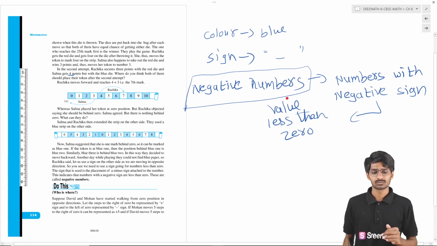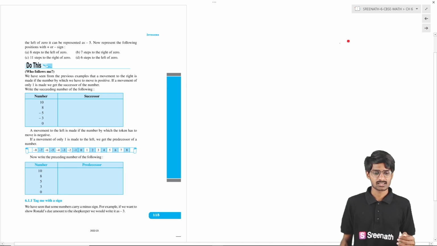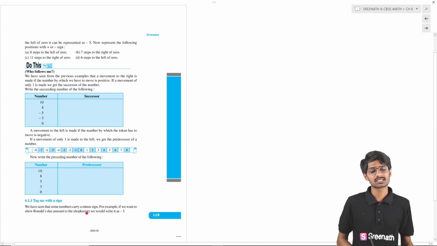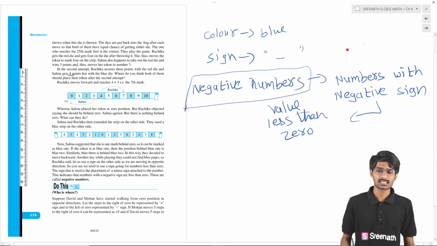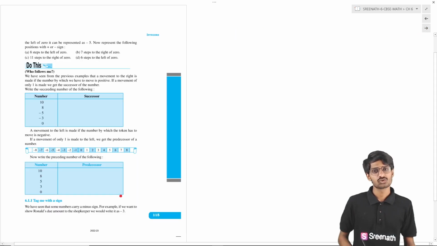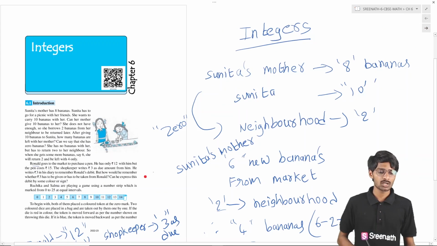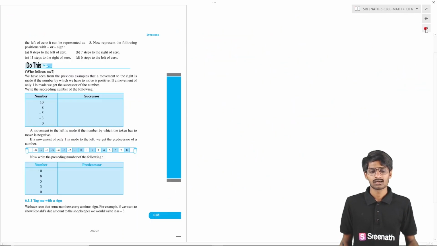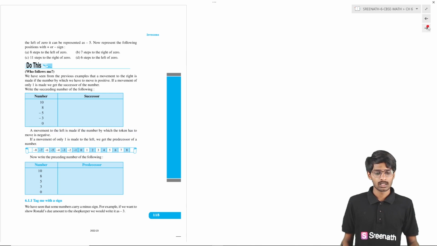Okay, so next thing is, now we have seen that some numbers carry a minus sign. Those are called the negative numbers. For example, if you want to show Ronaldo's due amount, we have discussed that Ronaldo has to give 3 rupees to the shopkeeper. So how to represent it?